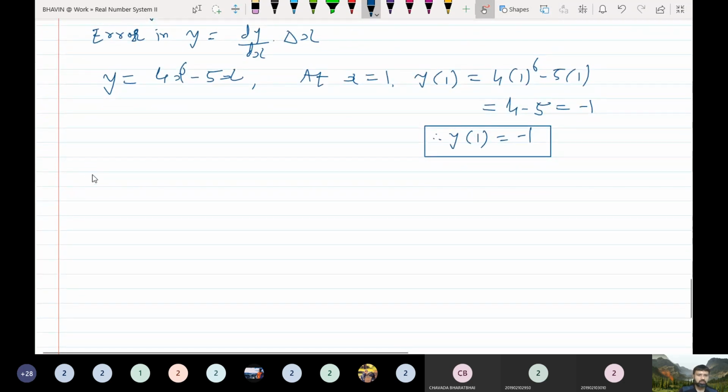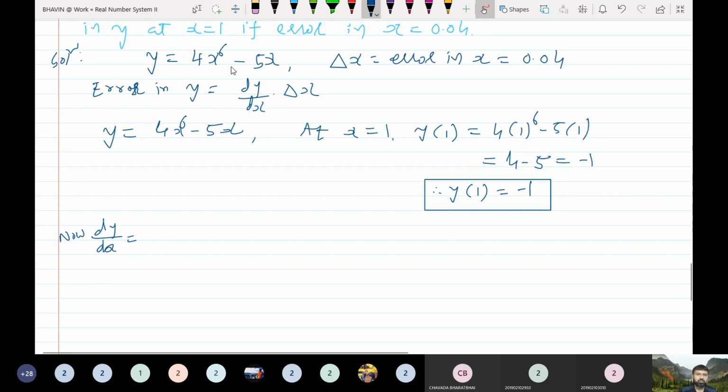Fine. Now what is dy by dx? See, what is the derivative? y is 4x raised to 6 minus 5x. Why are we finding dy by dx? Because I need dy by dx in order to find out error in y. This is absolute error. Error means absolute error.